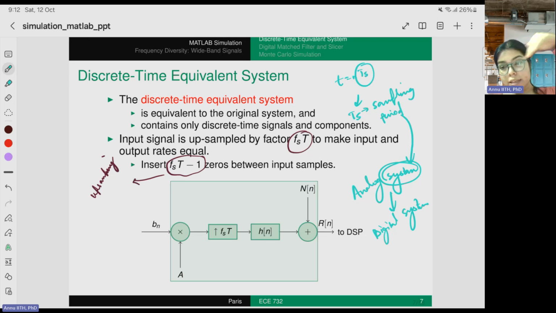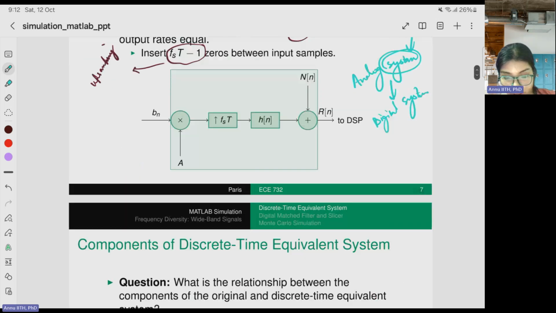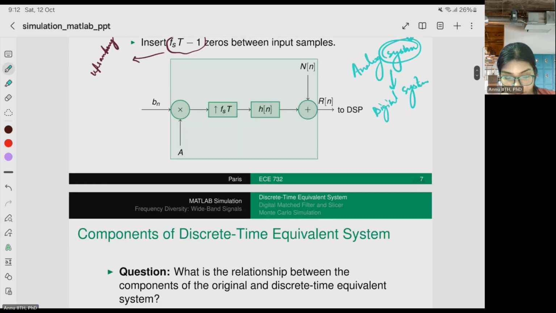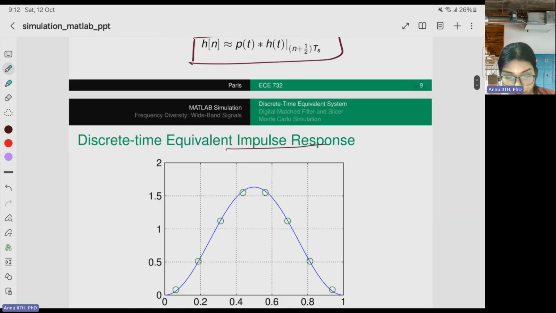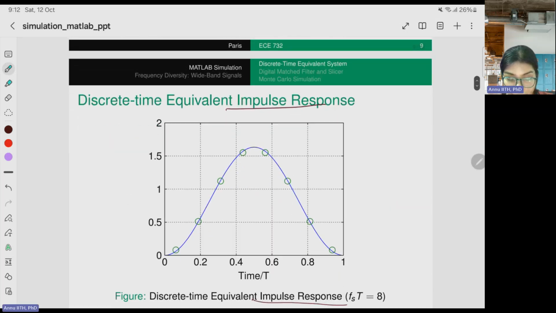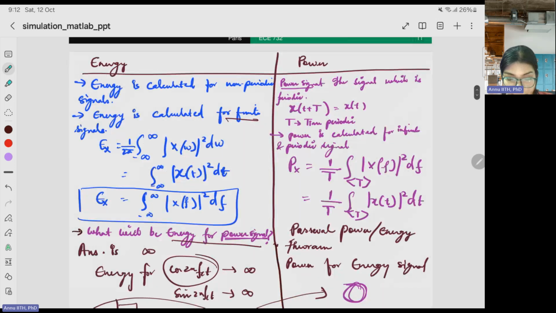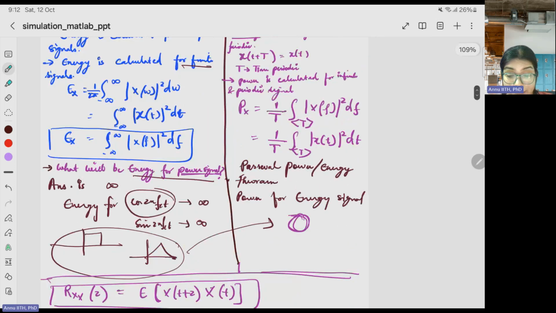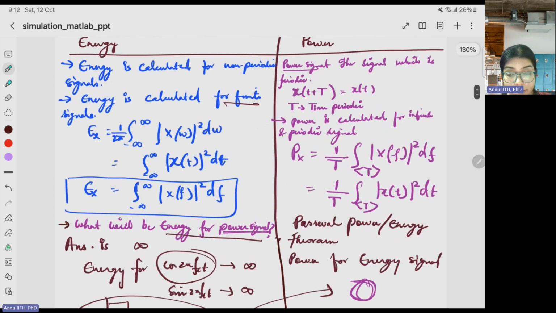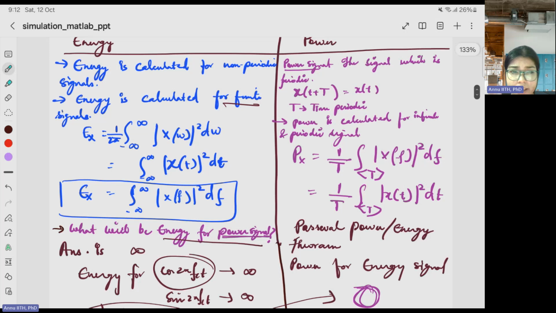So suppose this is the analog signal. You are taking samples as 1, 2, 3, like that, and Ts is the sampling period or time. So here also it is like that. You're taking the discrete time impulse response, so here you have these samples. And energy and power, again the same doubt raised by Ashutosh, I guess.